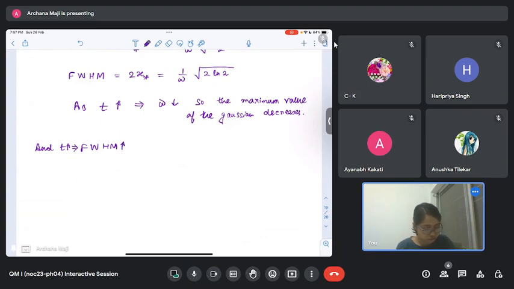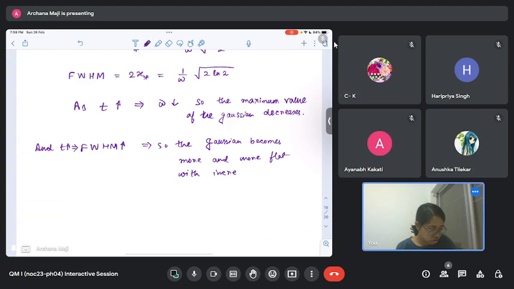So the curve becomes flatter with increasing time.